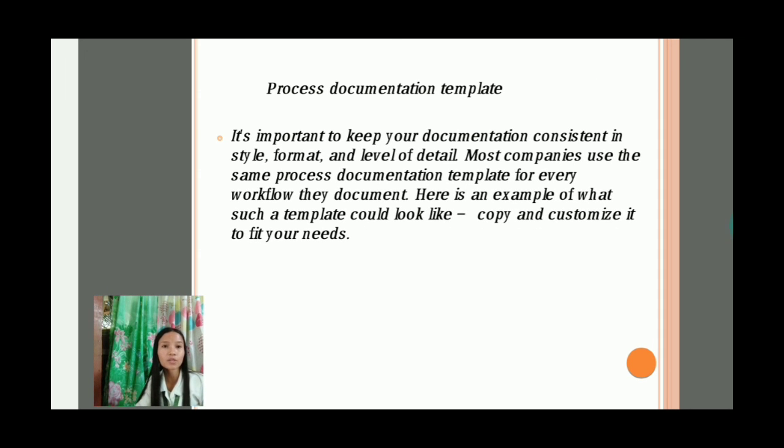So, the process documentation template. It's important to keep your documentation consistent in style, format, and level of detail. Most companies use the same process documentation template for every workflow they document. Here is an example of what such a template could look like.